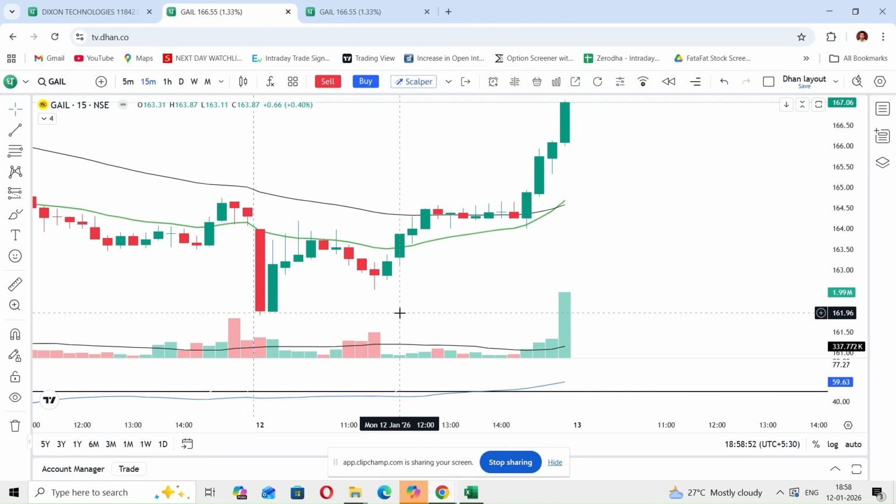Losses are bound to happen, and losses actually teach you how to survive in this game, and they give you confidence. Your winners will not give you as much confidence as small losses will, because they will show you that I have had losses in the past, but still my equity curve is improving. This is the most important thing.